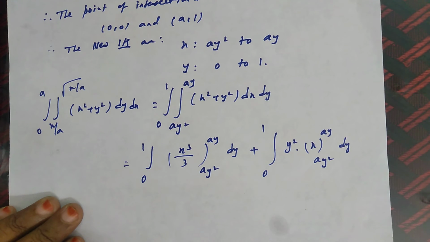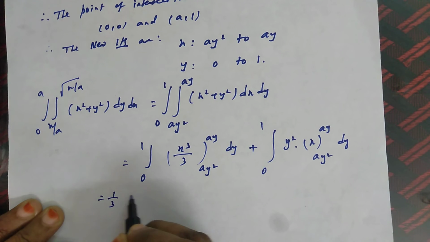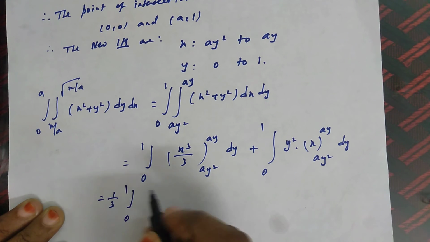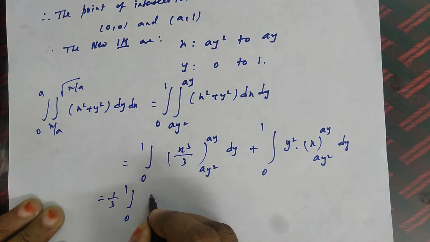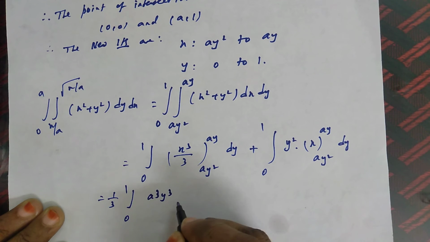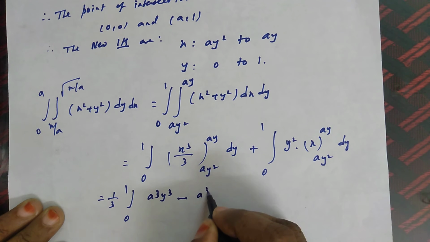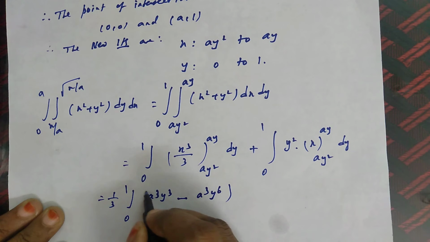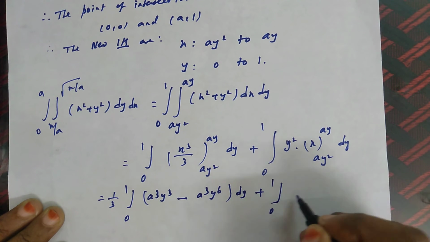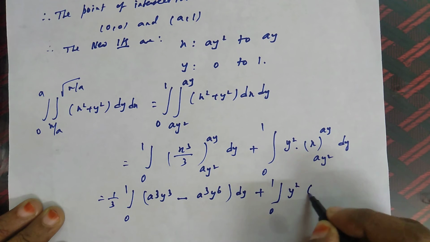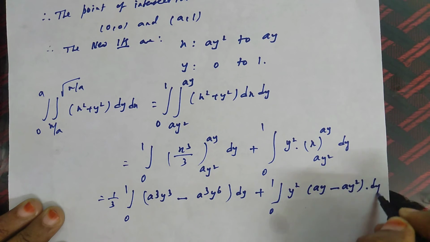Here 1 by 3 is a constant, so before applying the limit we can take the 1 by 3 outside. 1 by 3 integral 0 to 1, applying the limit for x cube, that means a cube y cube upper limit minus lower limit a cube y power 6, into dy, plus integral 0 to 1 y square into a y minus a y square into dy.